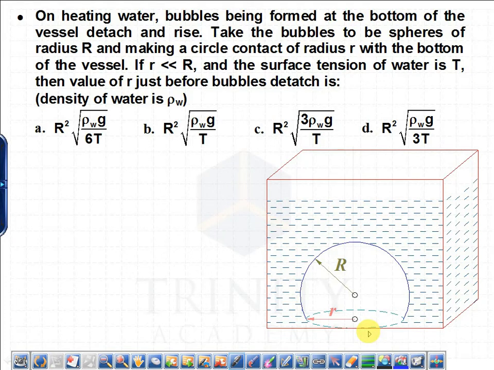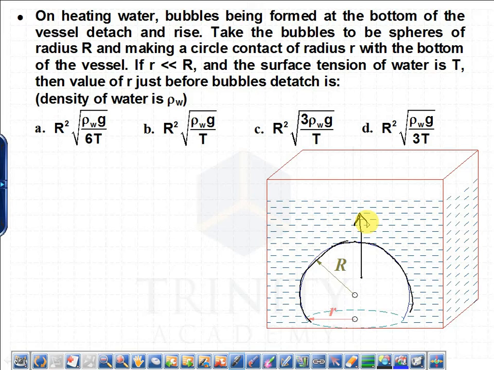The density of water is to be taken as rho W. In this case, this entire bubble is going to rise up. If it is going to rise up, it is because of upthrust.